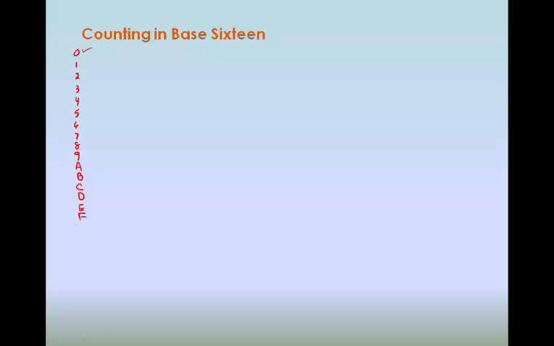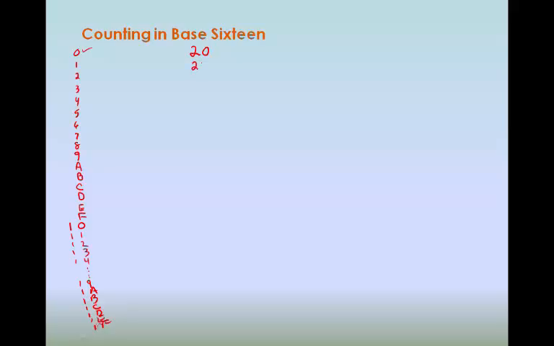So when I get to F, then I go over and I have one group of 16 and no ones left over. Then after 1, 0 would come 1, 1, 1, 2, 1, 3, 1, 4, all the way up to 1, 9, 1A, 1B, 1C, 1D, 1E, 1F, and then F is as far as I can go, so then I carry over and I would have 2, 0.